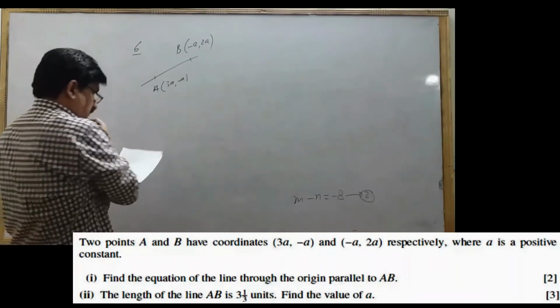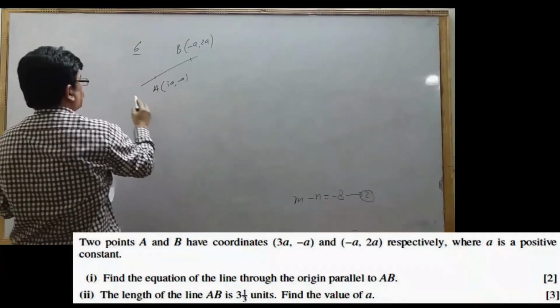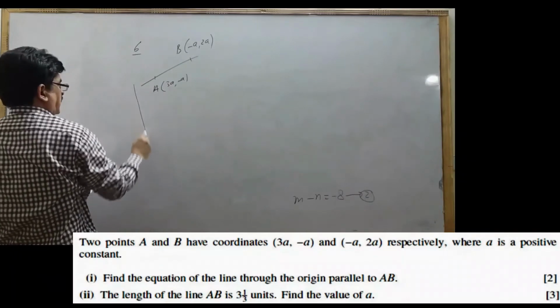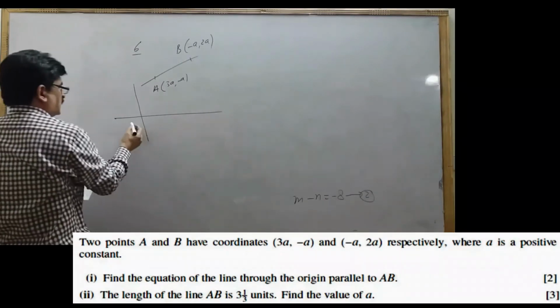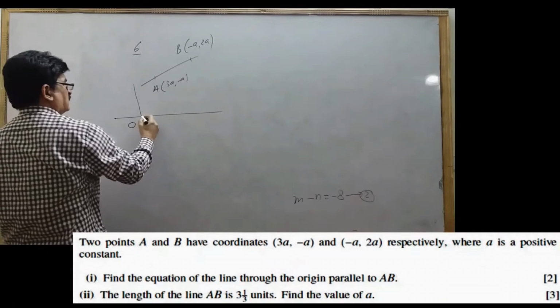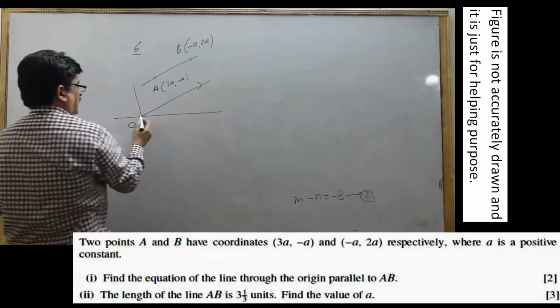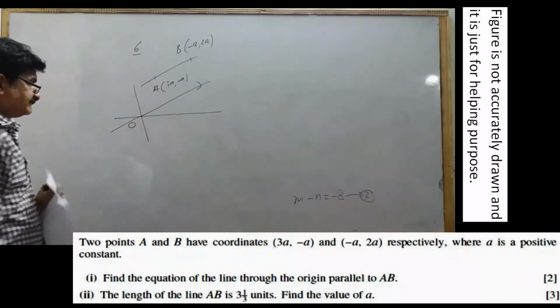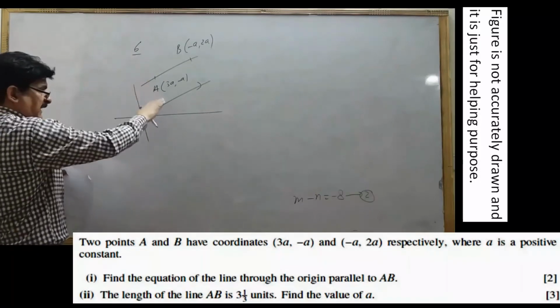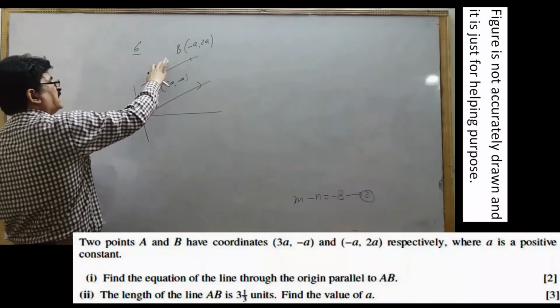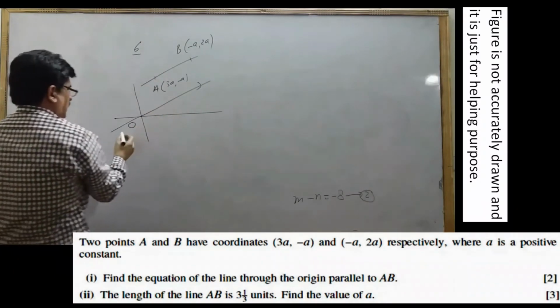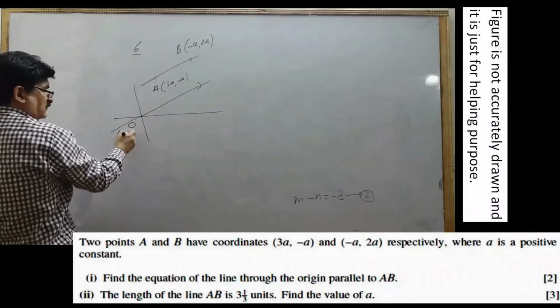Now we need the equation of the line. Suppose we have here the xy plane, so we need the equation of the line which is parallel to this line and passes through the origin. So these are parallel lines. We will use the gradient of this line for this line, and we will use the coordinates of the origin.